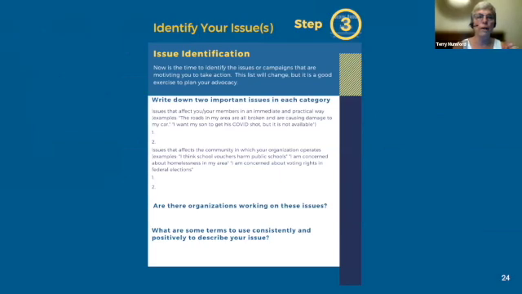In the workbook, we ask you to identify your favorite issues in two categories. One is the category of things that are immediate to you, like potholes, or if you have a child who you want to get a COVID vaccine but you can't find where to do that.